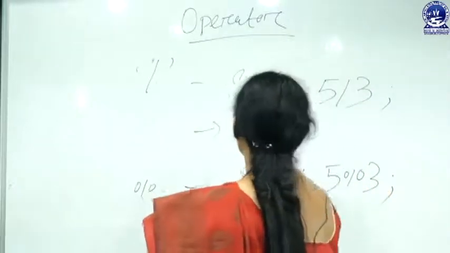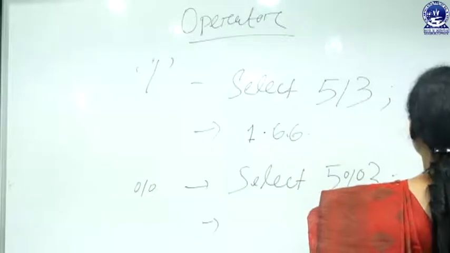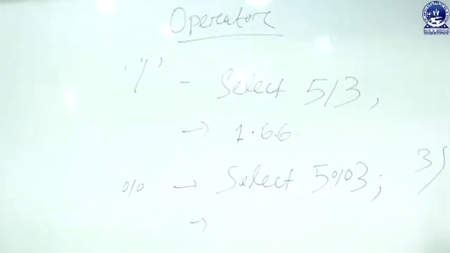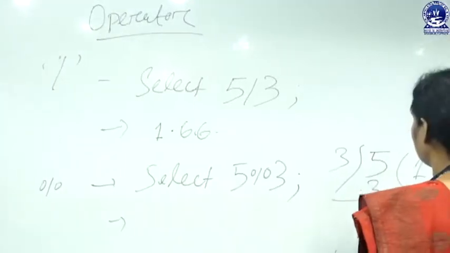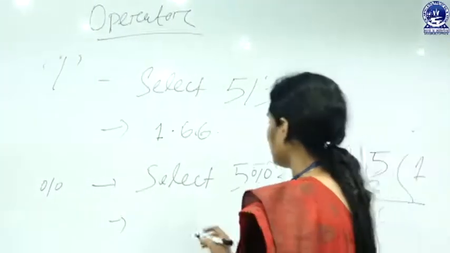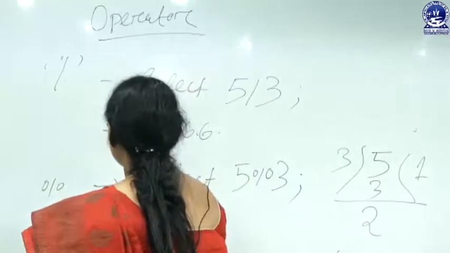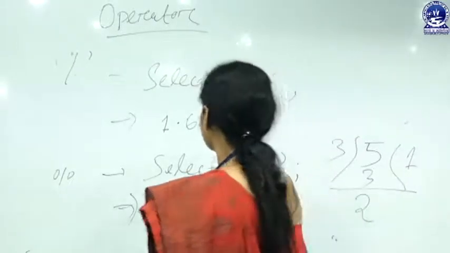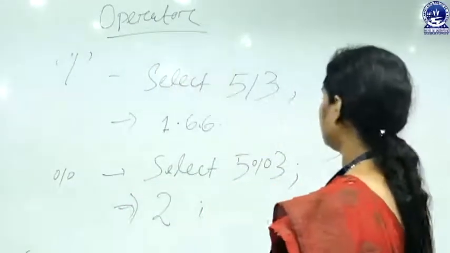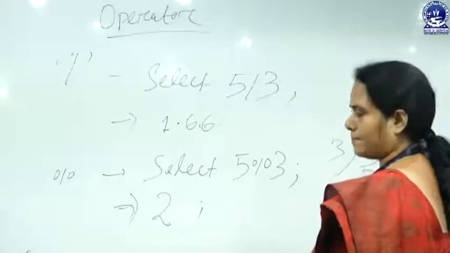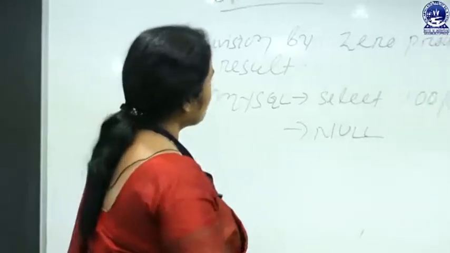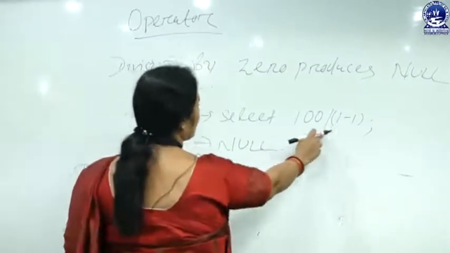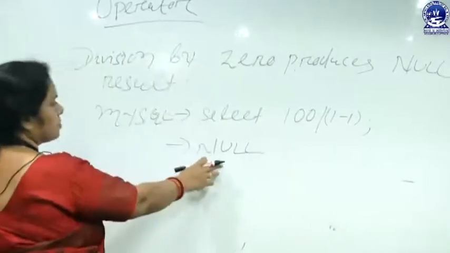It only stores the remainder of the result. Suppose division by 0 produces a null result. For that, select 1 divided by 0, that will produce a null value.